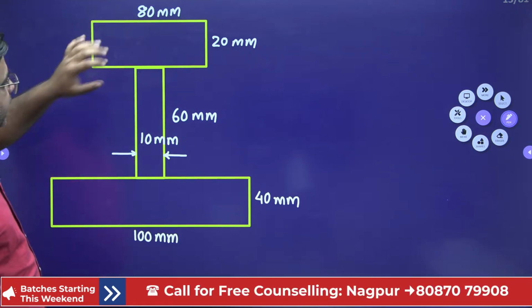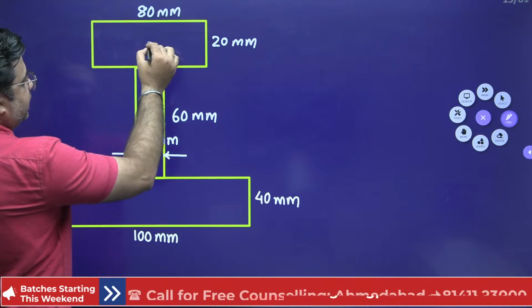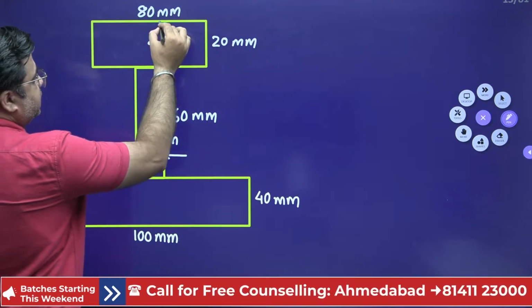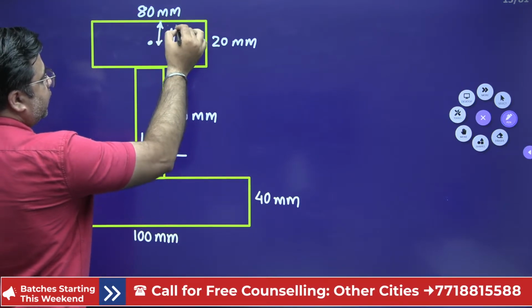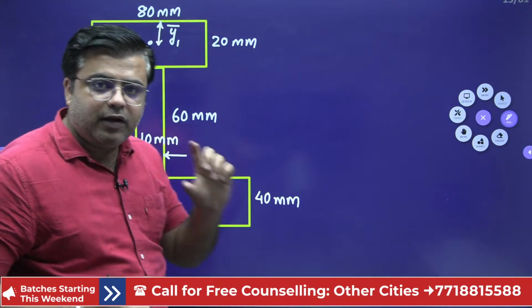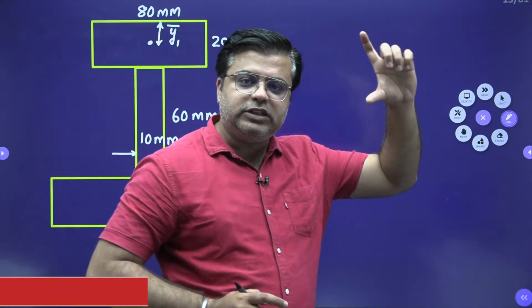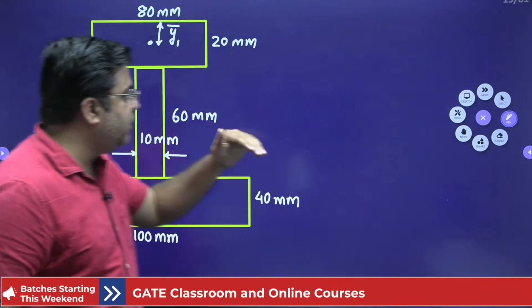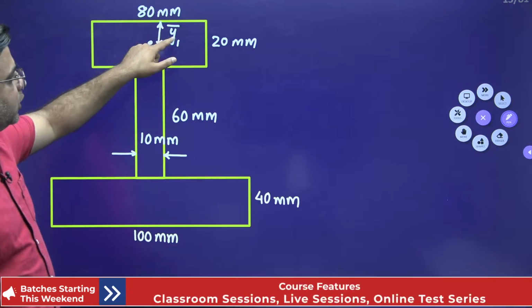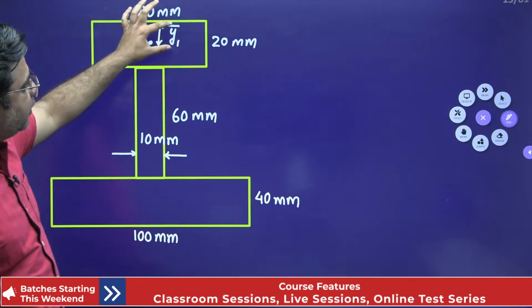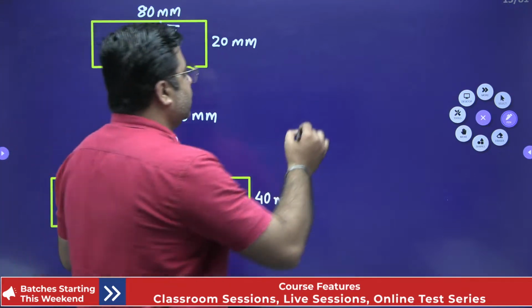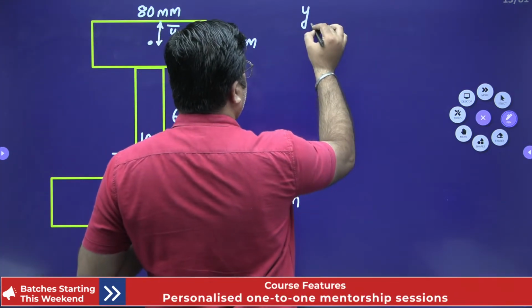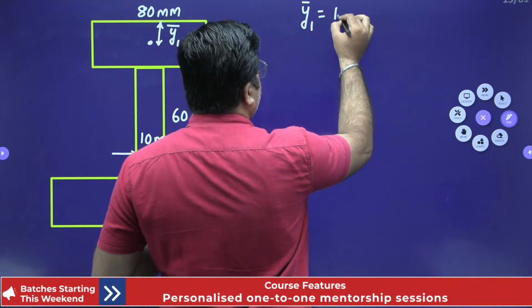For the top rectangle, CG will be at this distance, and this distance is termed Y1 bar. Y1 bar is the position of the CG of the top rectangle from the top fiber. Y1 bar will be equal to 10 mm, half of 20 mm.